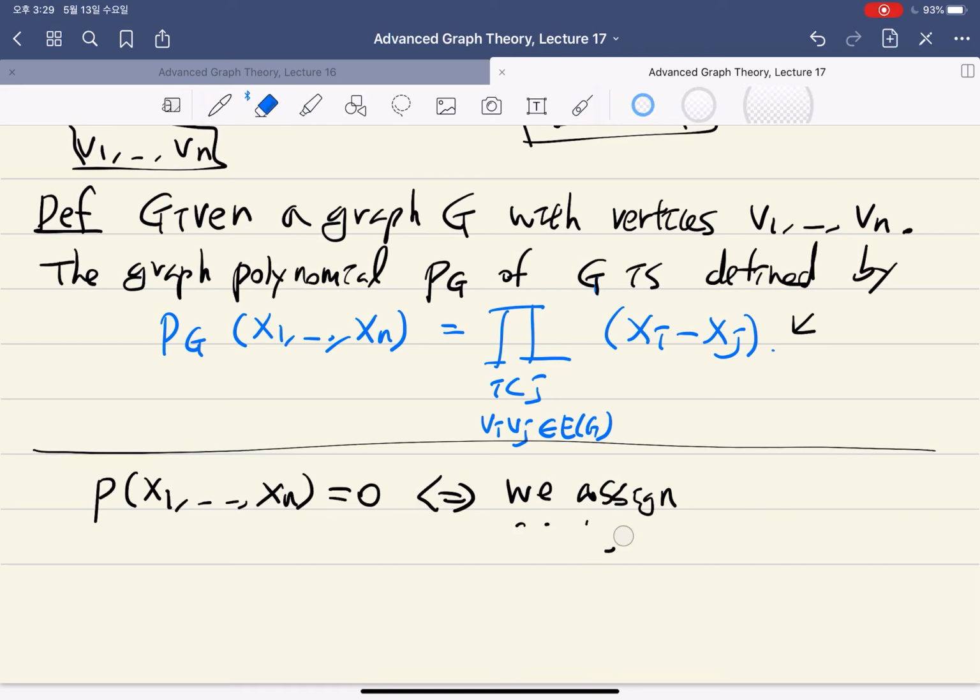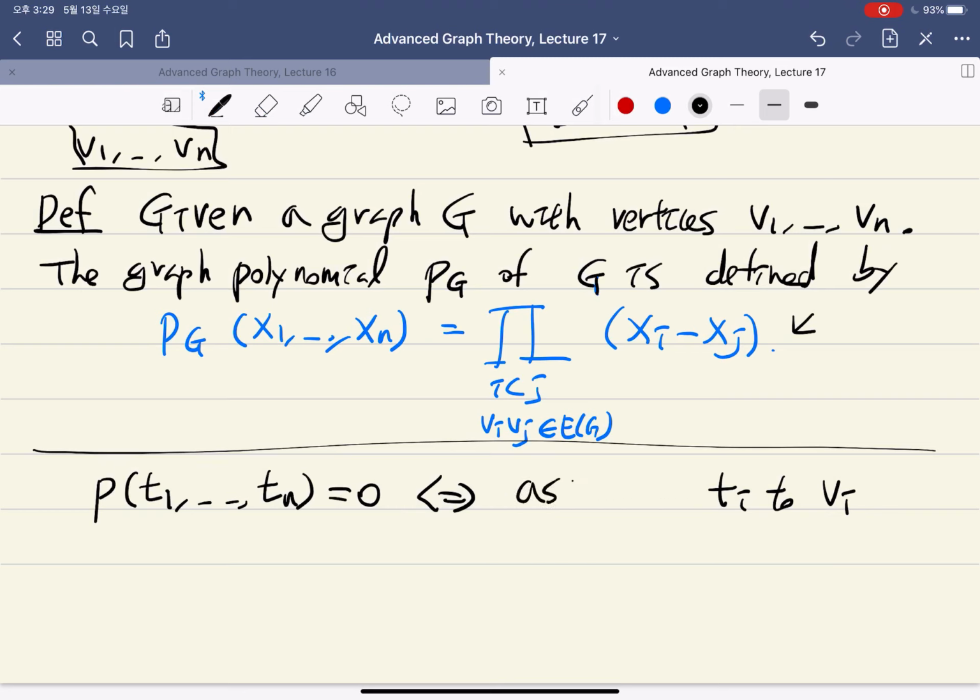Then in here, let's write the assignment as numbers t1 to tn, assigning the value ti to each vi.